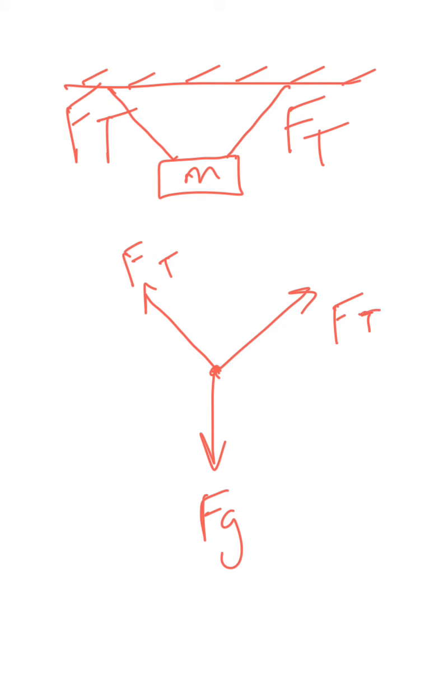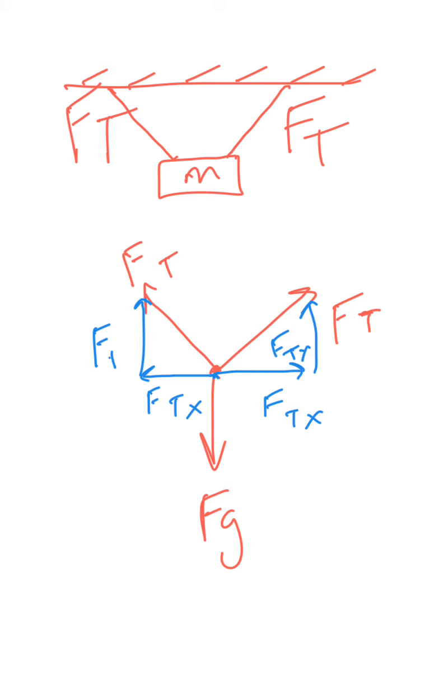Now, of course, they're at an angle, so Ft over here has an x component and a y component, Fty. Same thing goes with this one. This has an x component and a y component. So, things that are equal.